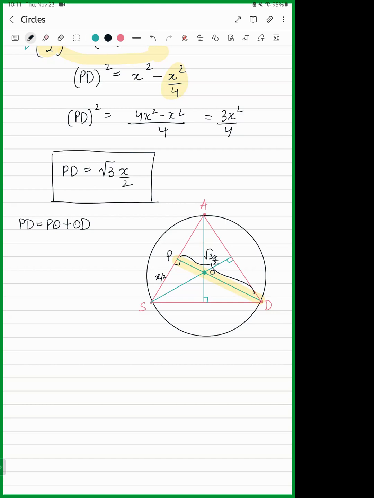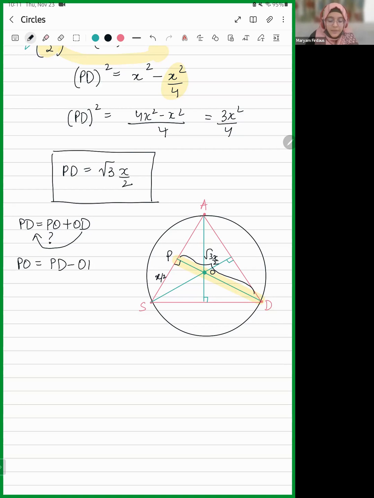Okay. So PO we don't know. We have to find that out. Now I'm just going to send OD to the other side because we have to find PO. So PO is basically PD minus OD. PD we have just now found, root 3x by 2, minus OD. How much is OD again?